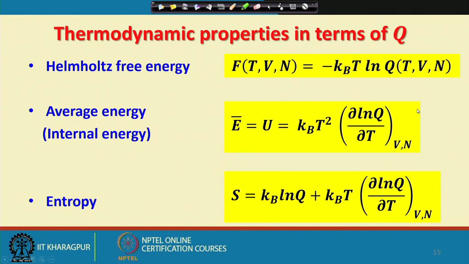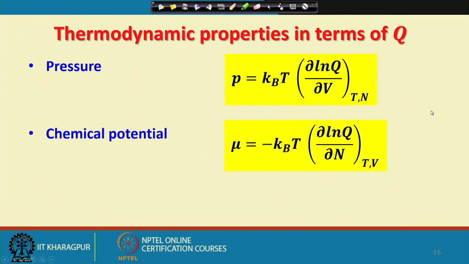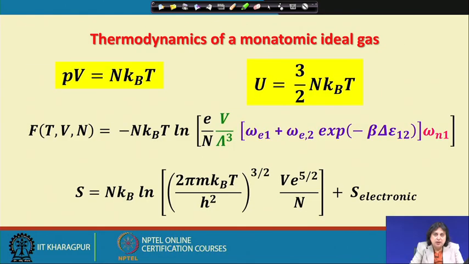Of course, you can go ahead and try to calculate other quantities. What are the other quantities that you can try to calculate? Obviously, average energy, entropy, or the chemical potential. Following the prescription given here, you can very easily show that the internal energy is 3/2 nkT.